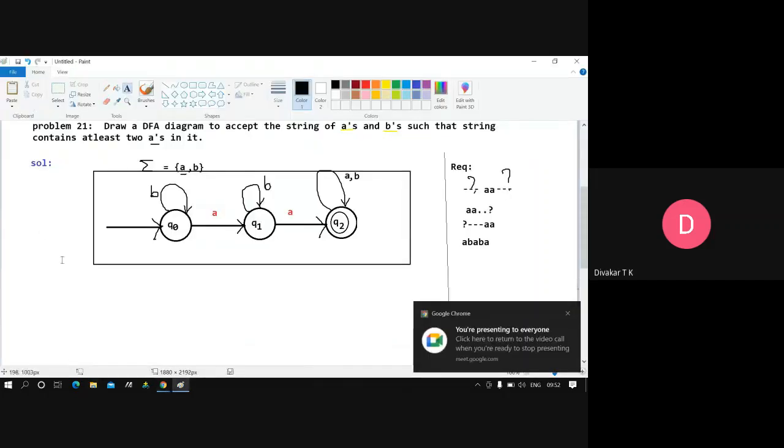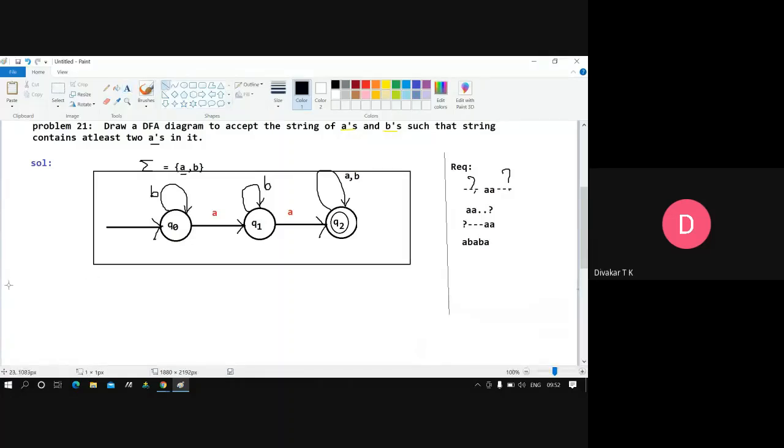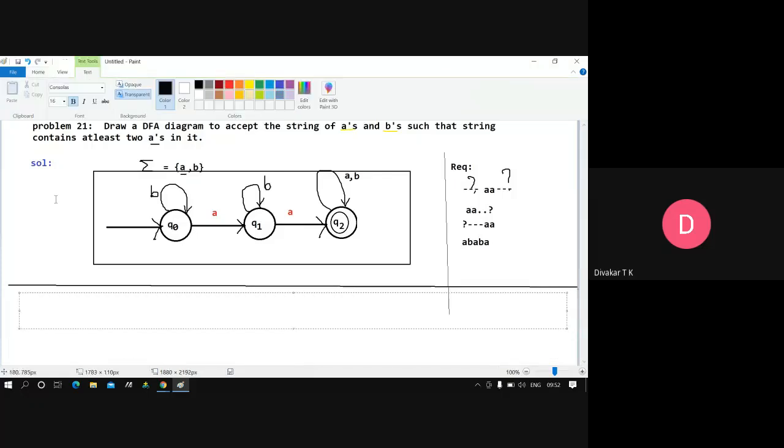Once you are done, try for the next question that I'll give you. If you are done with this particular problem number 21, you just try problem 22.